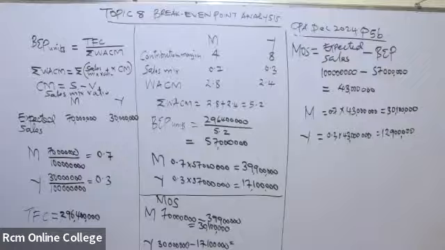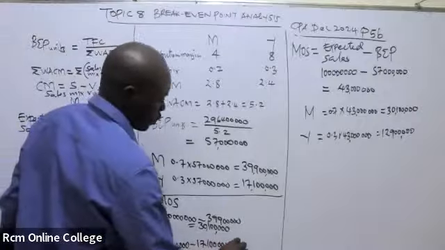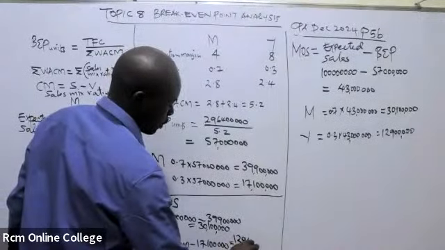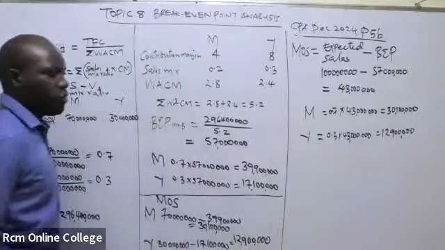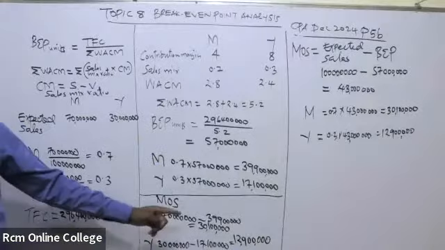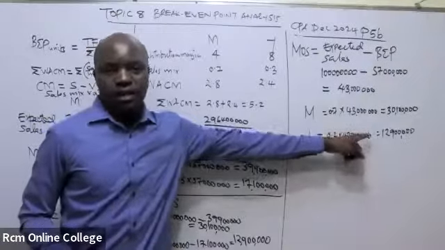We are getting 12 million, 900,000. You're getting 12,900,000, which of course is equivalent to what we are getting on the other side.